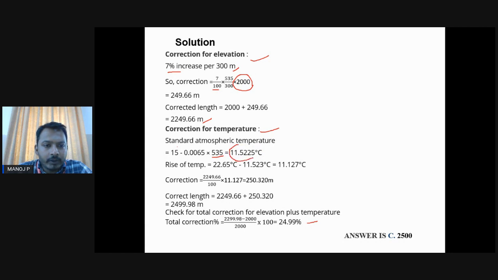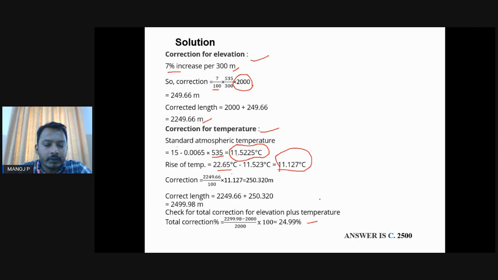But instead of 11.522, the temperature at that particular place is 22.65 degree. So you are supposed to make correction. The increase with respect to 11.522 and 22.65 is 11.127 degree.